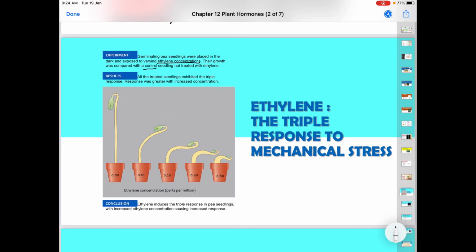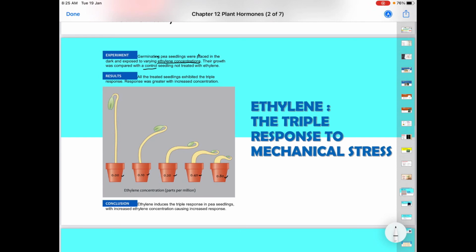So the control plant is not treated with ethylene, and the rest are treated with different concentrations of ethylene. So let's see the results. This is no ethylene. This is 0.1, 0.2, 0.4, and 0.8.